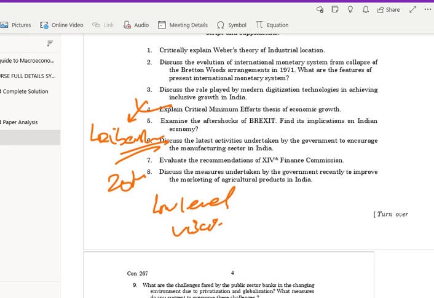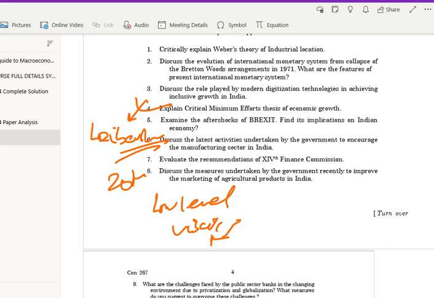Vicious cycle, okay. Then threshold effect, everything you have to give. Positive and negative forces of economic growth, cumulative causation. Everything you have to give.